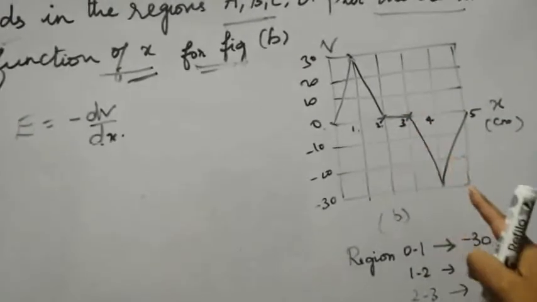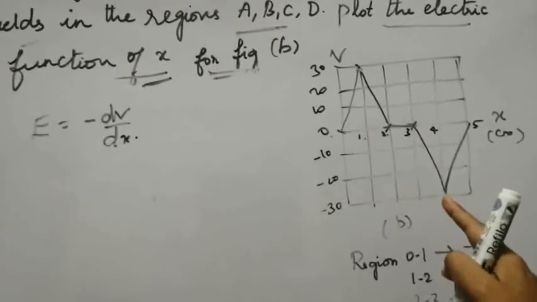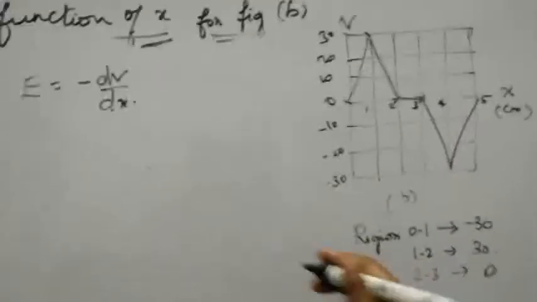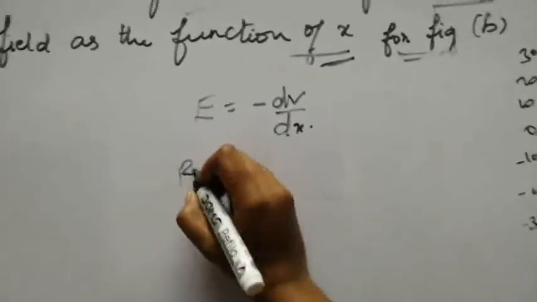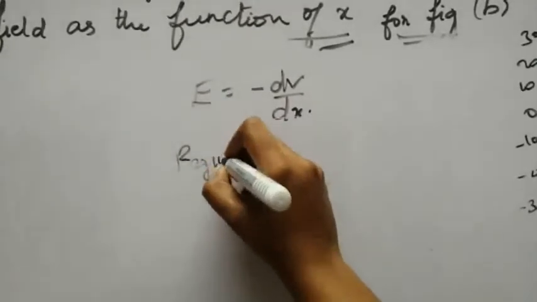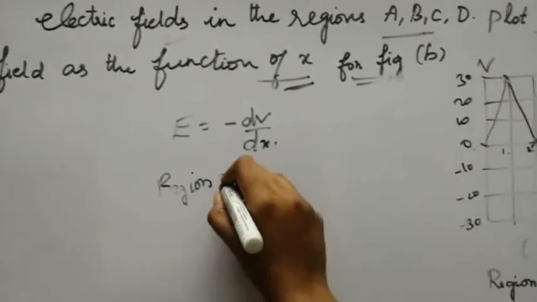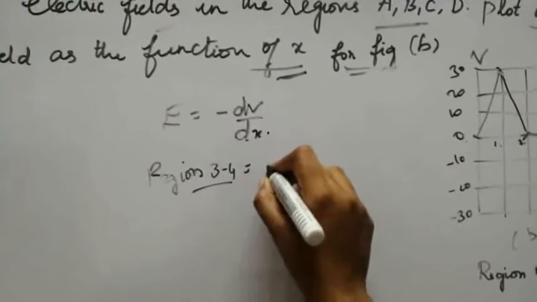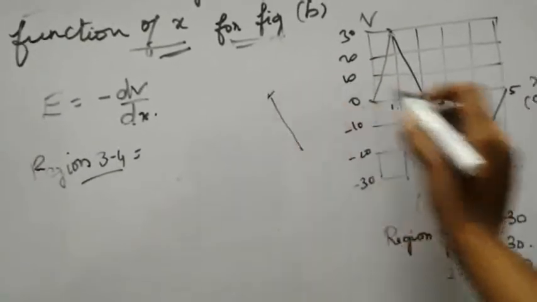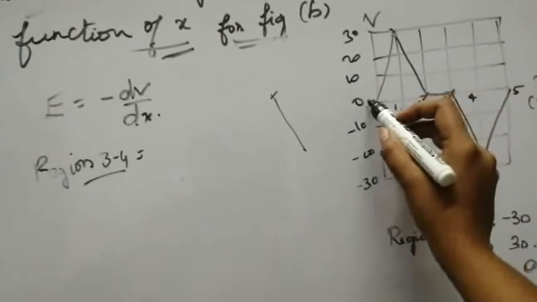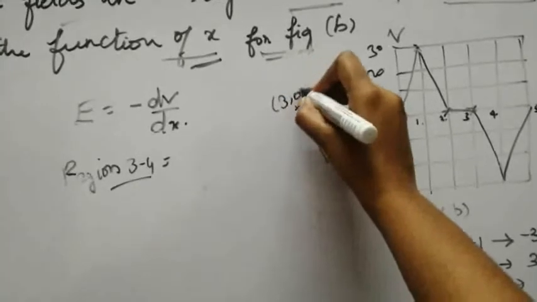Next for the region, sorry, it is 3 to 4. For 3 to 4, the slope is like this. The initial point is here, which is 0 on the y-axis, x-axis it is 3. So 3, 0.